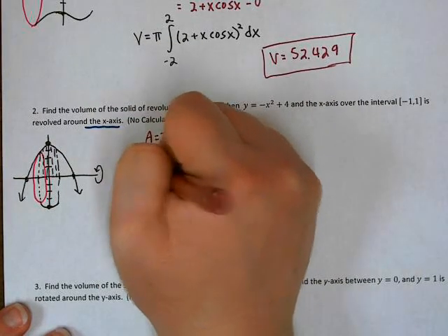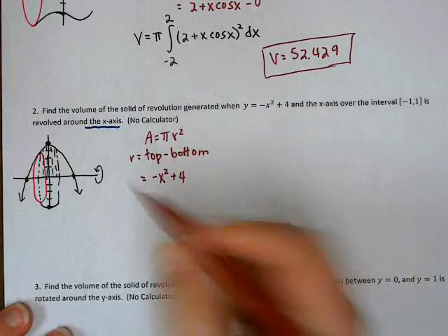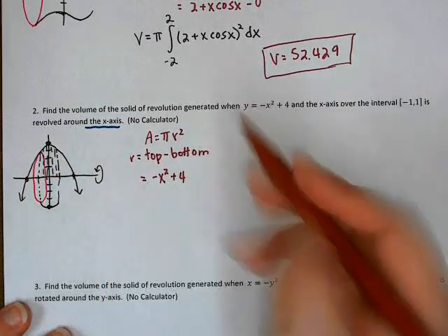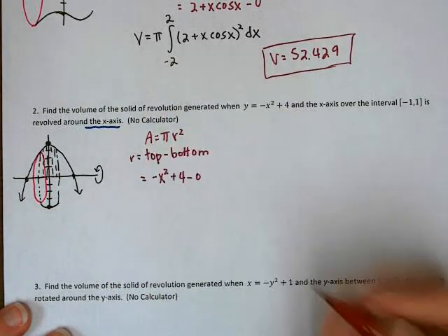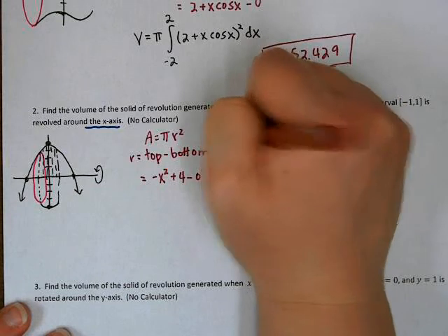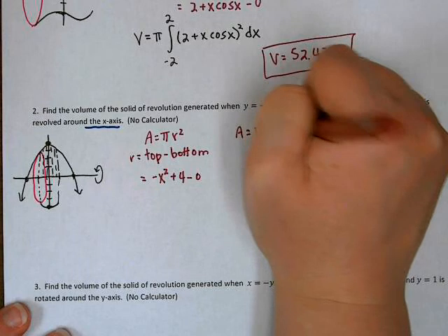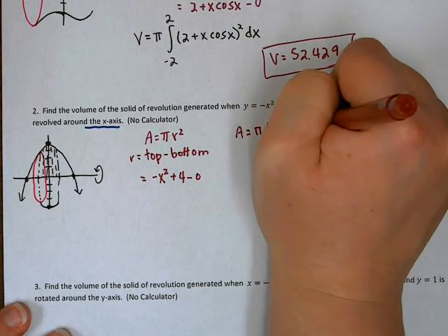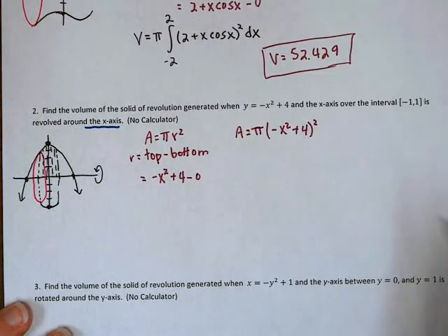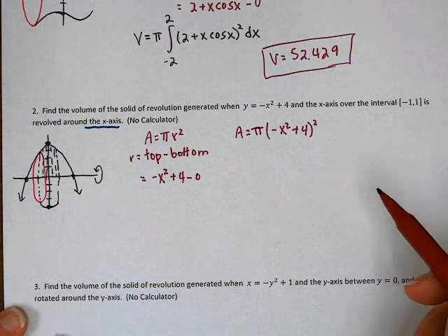So it's -x squared plus 4. And the bottom is the x-axis, which means minus 0. So our area is going to be pi times (-x squared plus 4) quantity squared. So that's the area of one of our cross sections.